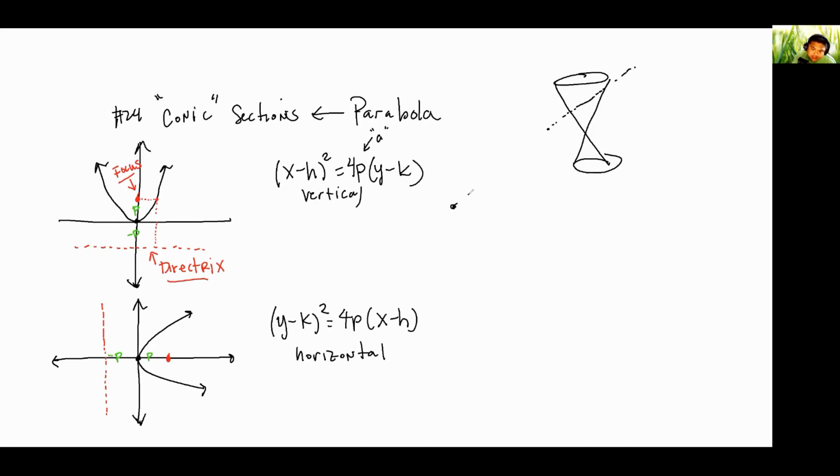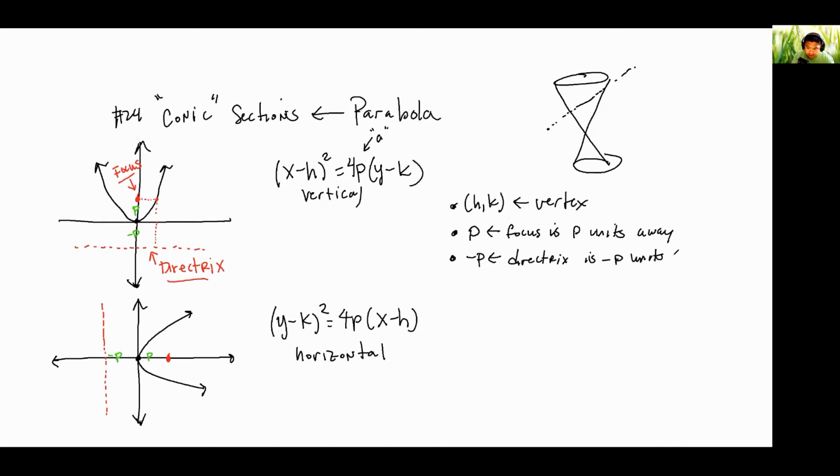In both cases, hk is the vertex. The focus is P units away. The directrix is negative P units away.